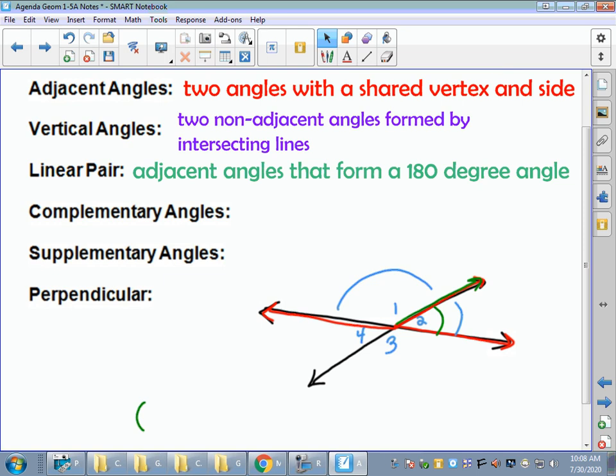Complementary angles are angles that add up to 90 degrees. Notice it doesn't say that they have to be adjacent. They do not have to touch each other at all. They don't have to share a common vertex and a common side. They just have to add up to 90 degrees, also known as a right angle.